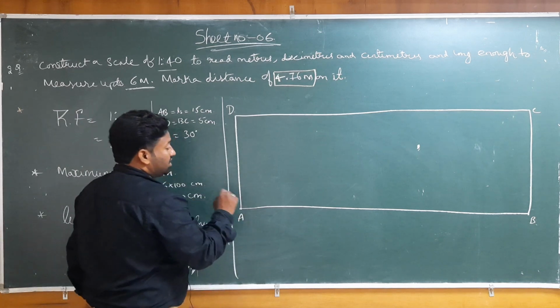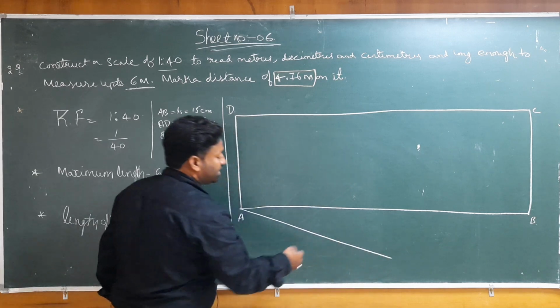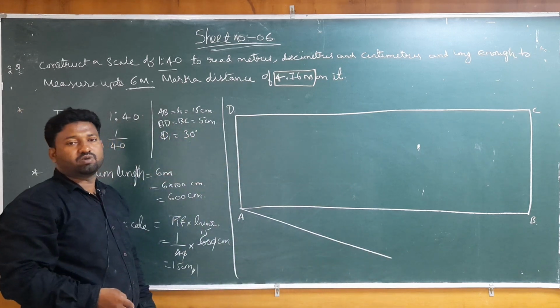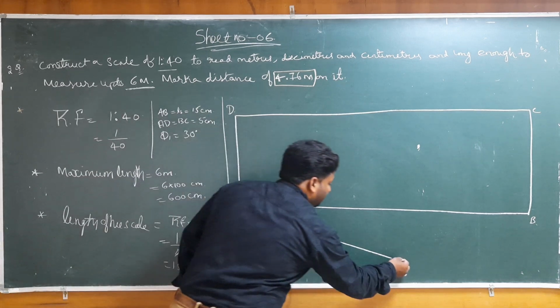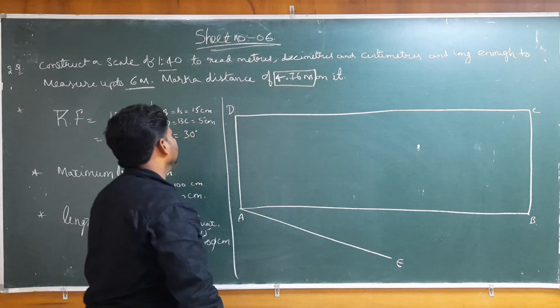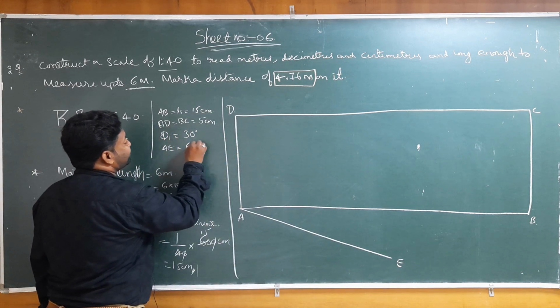I am drawing an inclined line, and this line we have to divide into 6 equal parts. AE is equal to 6 centimeters.